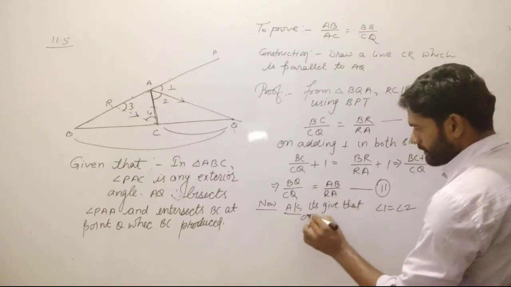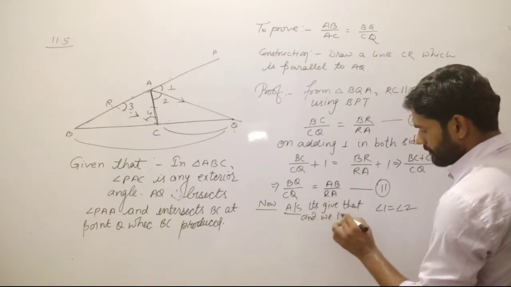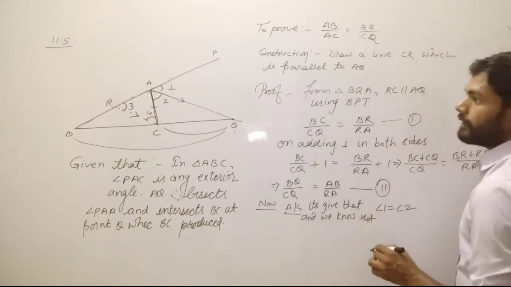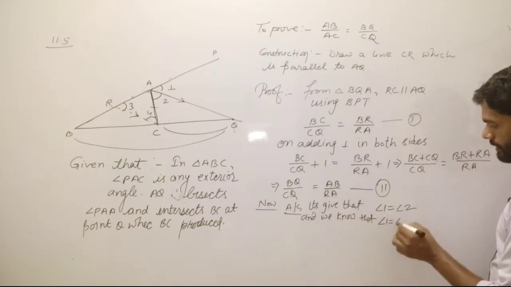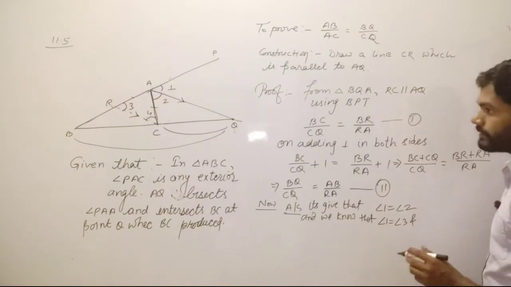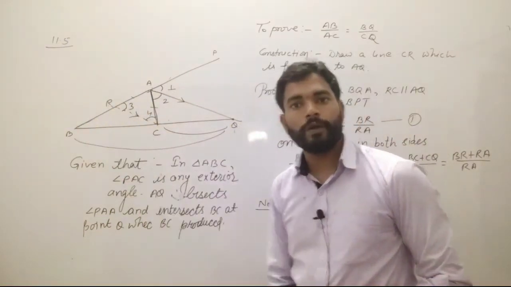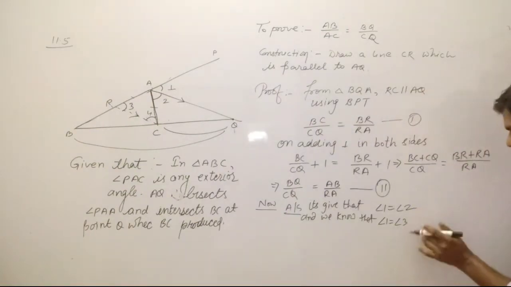And we know that angle 1 is equals to angle 3 because these are corresponding angles. Reason I am writing in front of it, corresponding angles.